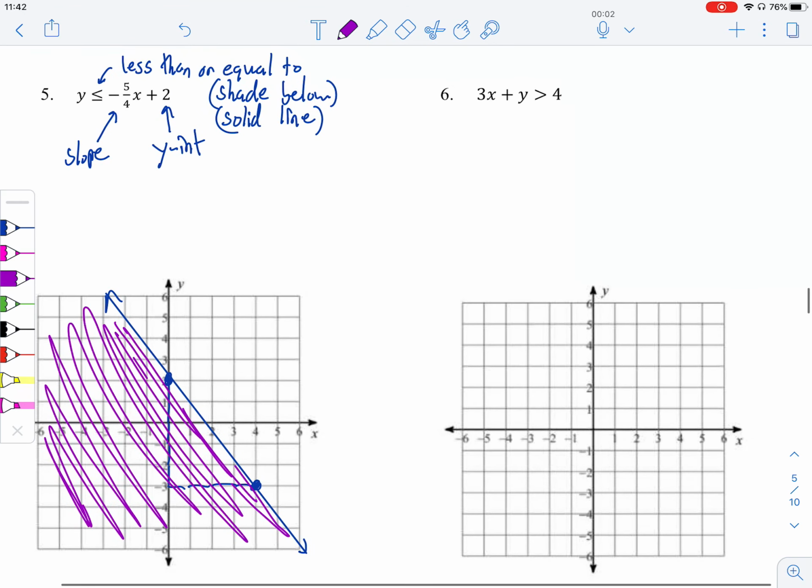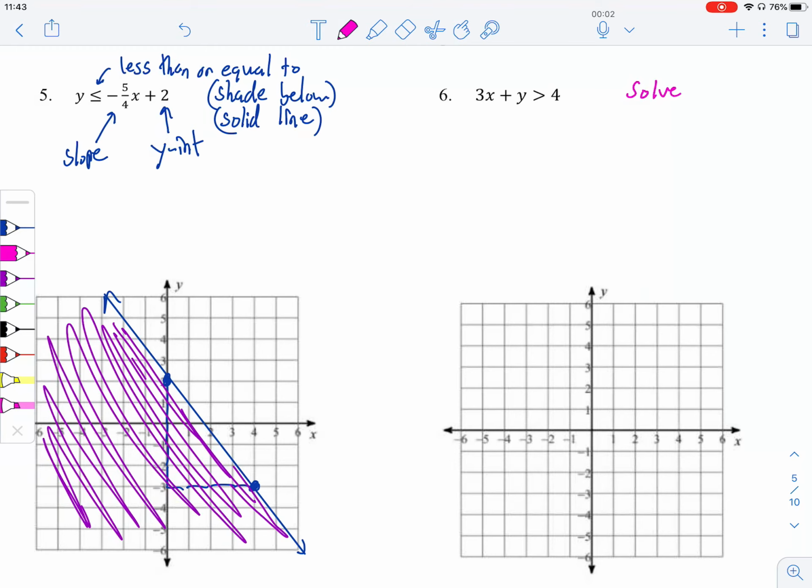Okay, so the last one, first it's in standard form. So remember, we need to solve for y first. So we're going to subtract 3x first. So we had y is less than -3x plus 4.